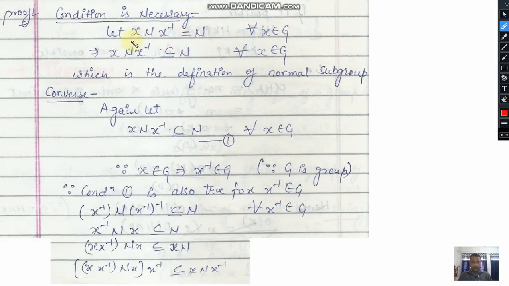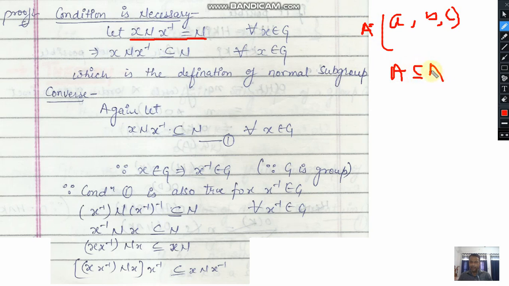Here let us suppose that the condition is necessary. It means it is equivalent. As we know, if I have a set which has three elements A, B, C, and it is the set A, then A is a subset of itself. It is an improper subset.